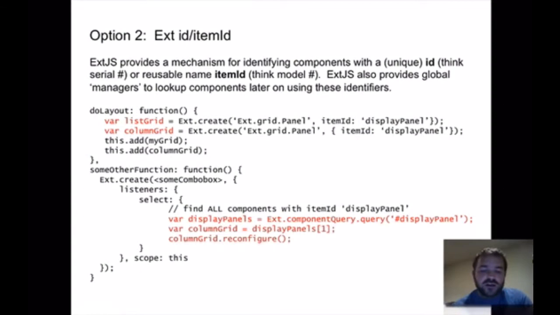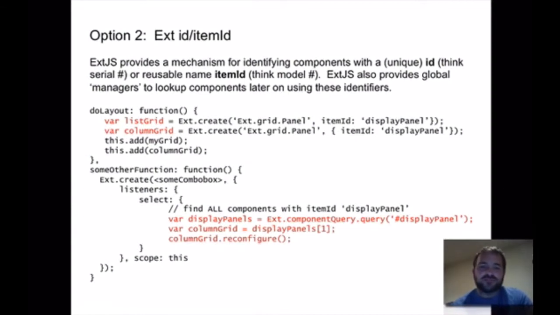But you want to think of the ID as like a serial number. You can only have one serial number on your app for a component. They're unique. Whereas item ID is kind of like a model number, where you can have several. Maybe you have several buttons, and they all have an item ID of clickable button, or they're all user buttons. Just some way to group them and identify them.